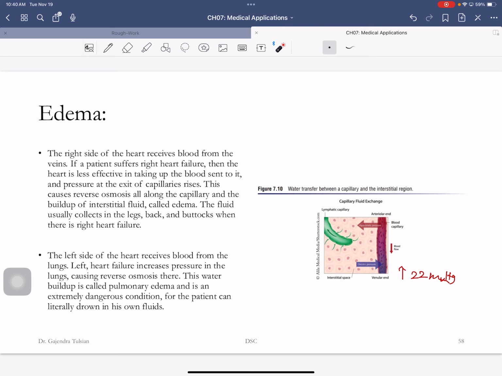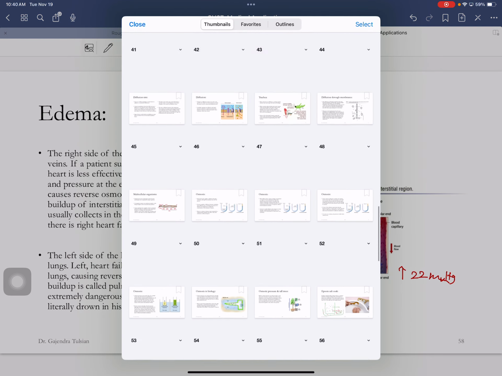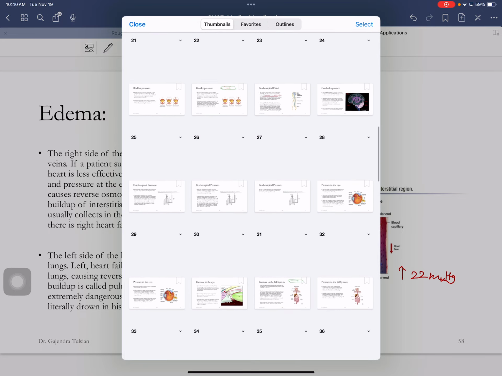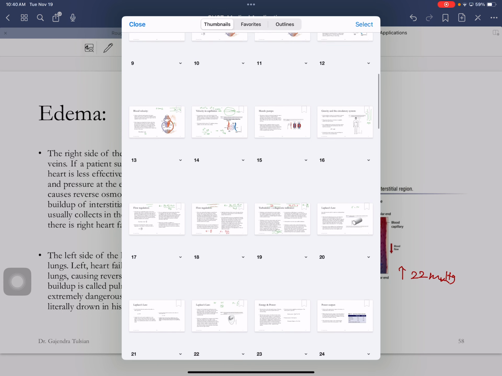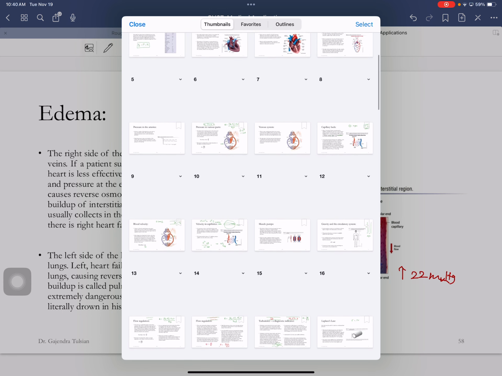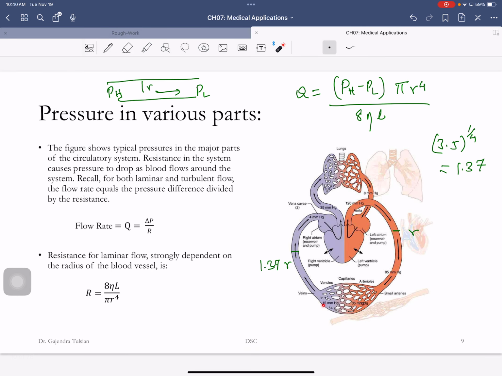Again, let me go back to that diagram. If you have right heart failure, the ventricle is not able to pump out blood, fluid collects, and the pressure rises all along.